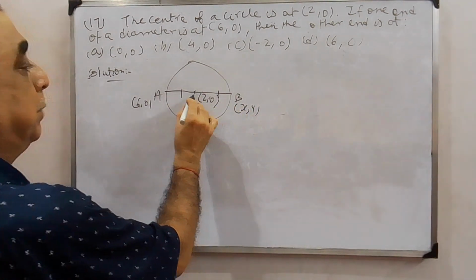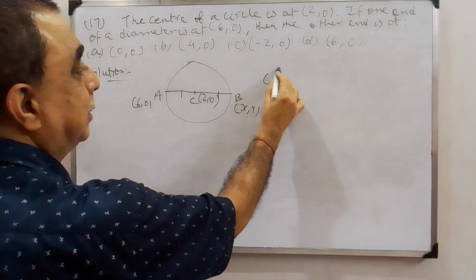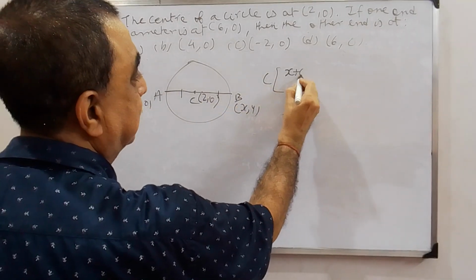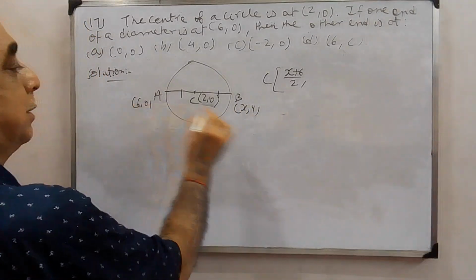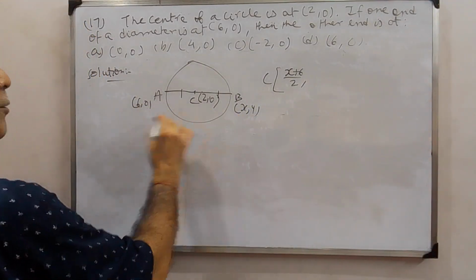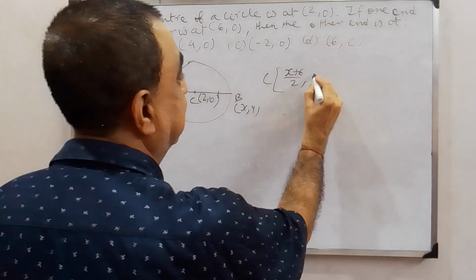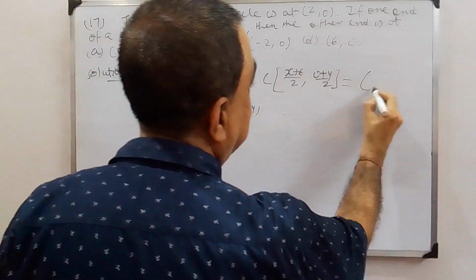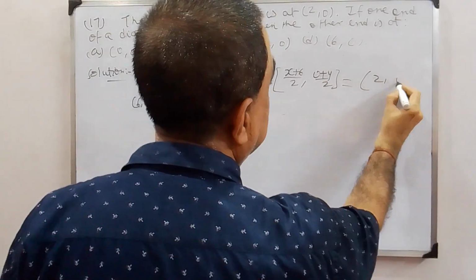Suppose the other end is x, y. So the midpoint is x plus 6 divided by 2. Midpoint means add up the x coordinates and divide by 2, add up the y coordinates and divide by 2, and equate it with the coordinates of C, that is 2 and 0.